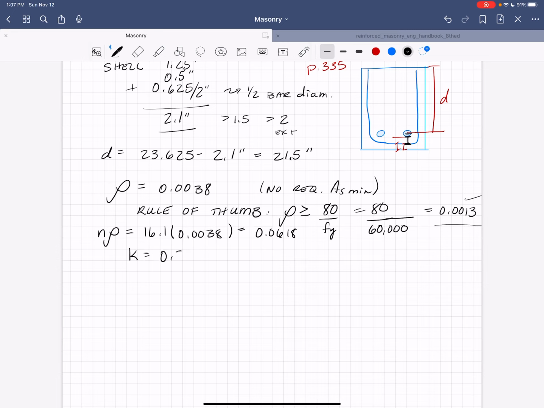K is going to be 0.295. J is going to be 0.90. And those formulas were on the first page when we did this. F sub S, talked about this also, for grade 60 steel is 32,000 psi.